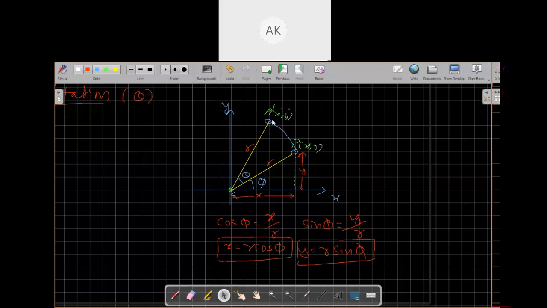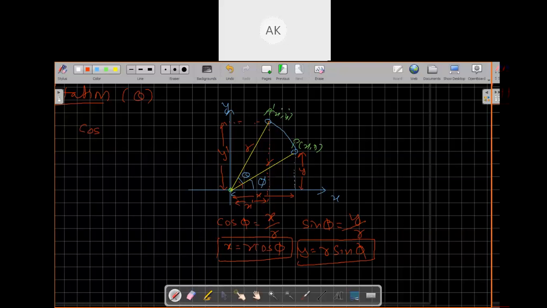In the same way, you can calculate the value of y in terms of the angle: sin phi equals y over r, meaning y equals r sin phi. This is the value of x equals r cos phi, and the value of y equals r sin phi. Okay.